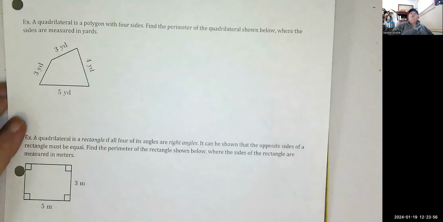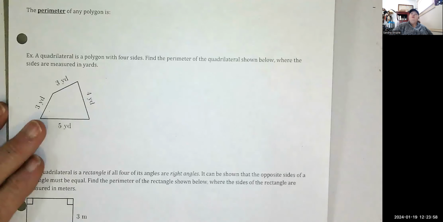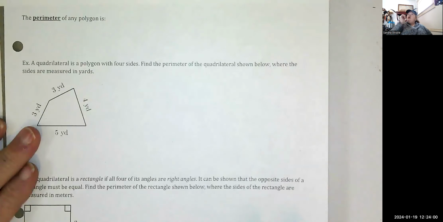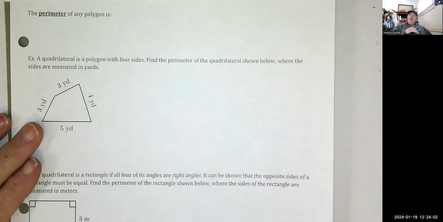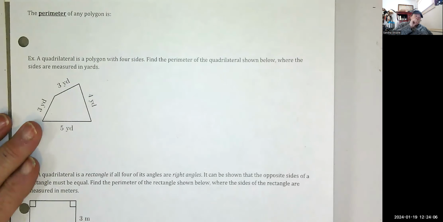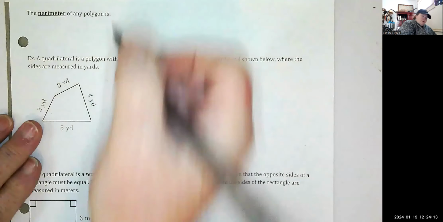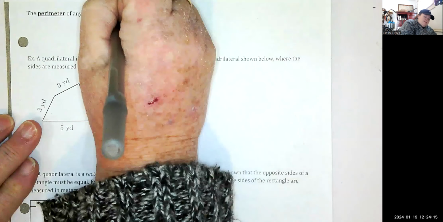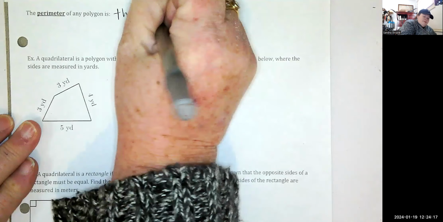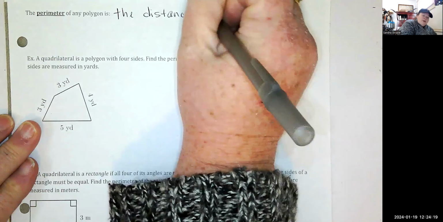The next part, as we talk about the polygons, is you can find a perimeter of a polygon just by adding up. It's the distance around the polygon from one point all the way around the polygon and back to that point. So it's the distance around the polygon.